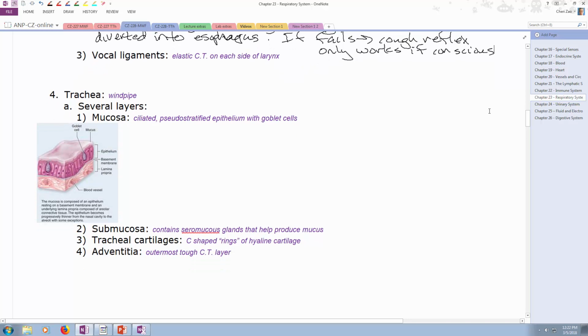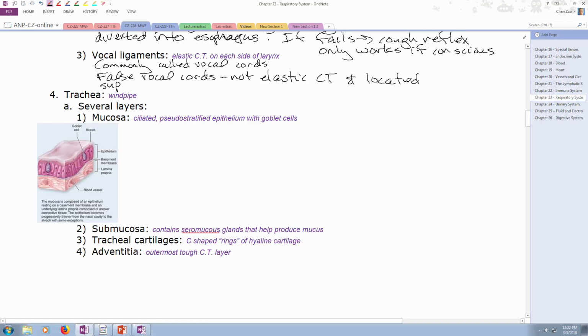Our vocal ligaments are elastic connective tissue on either side of the larynx. We commonly call them the vocal cords. We also have false vocal cords, which are not elastic CT and are located superior to the true.